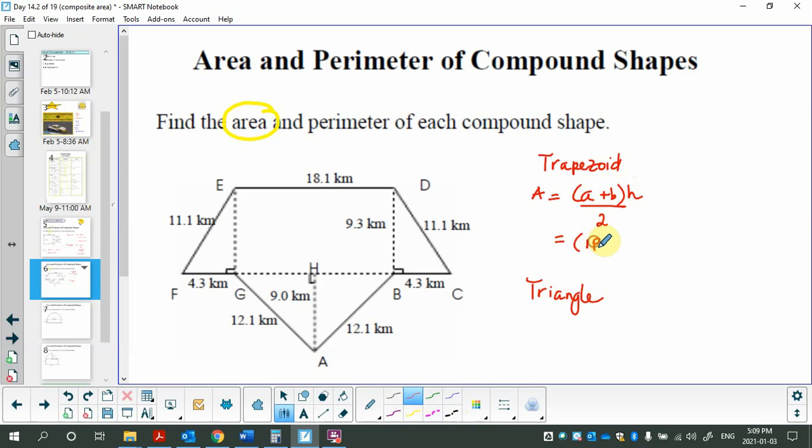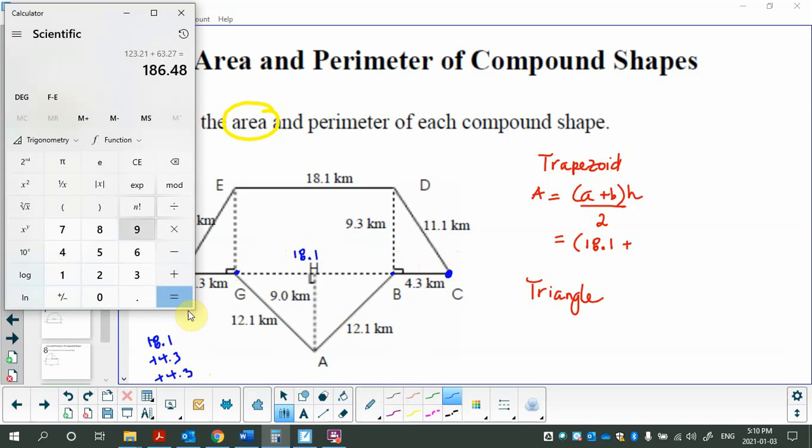So I know my A is 18.1. That's the top. But I don't know how far it is from here to here, because I've only got 4.3 here and 4.3 here. But if I think real hard about this, from here to here along this little dashed line is the same as up above, so this is 18.1. So from this corner to this corner, it will be 18.1 plus 4.3 plus 4.3.